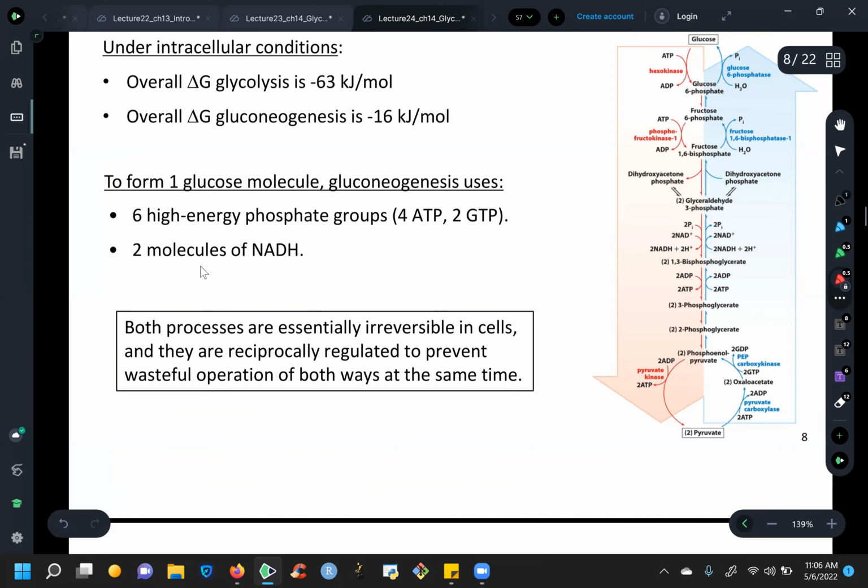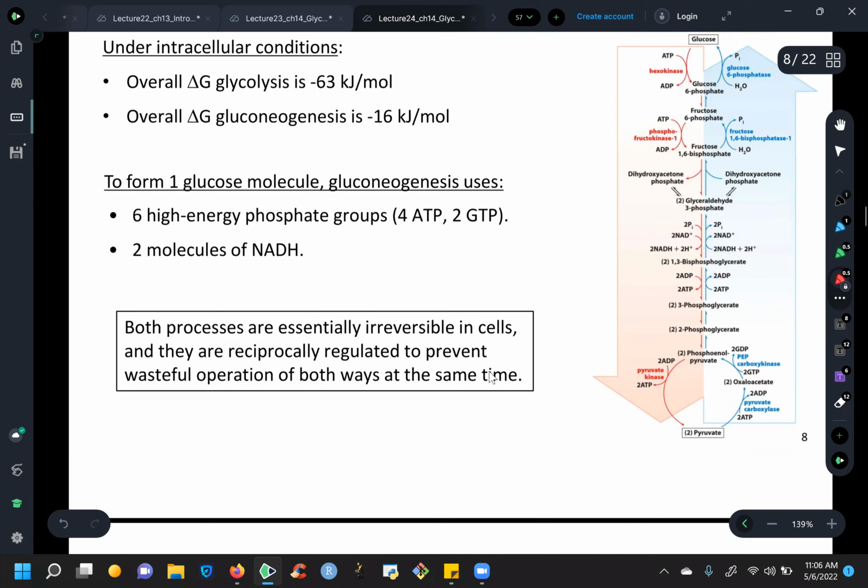You also need 2 molecules of NADH. In glycolysis, as you move down the pathway, you're making ATP in steps 7 and 10, and you're making NADH. But in gluconeogenesis, you are using 4 ATPs, 2 GTPs, and 2 NADHs.